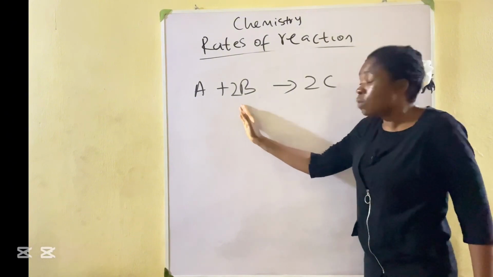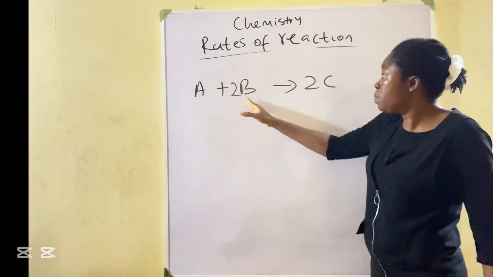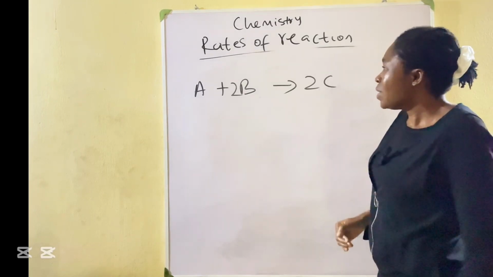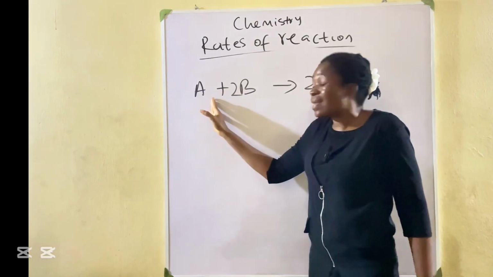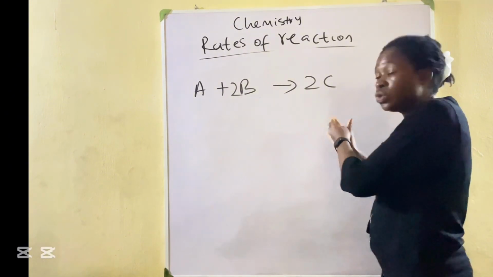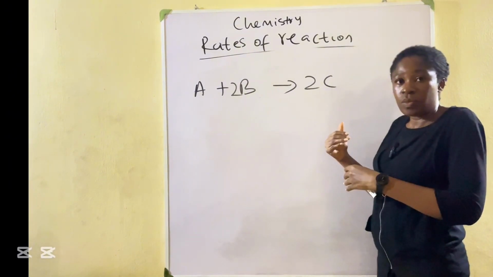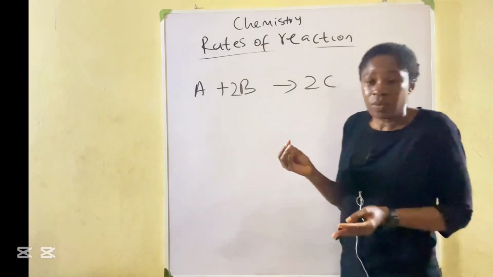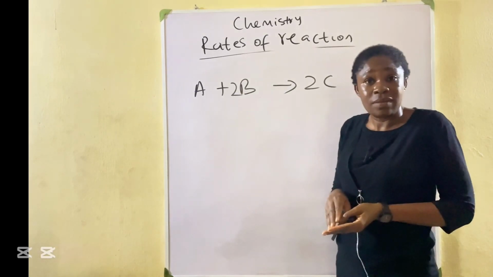Let's look at this arbitrary reaction: A plus 2B. A reacts with 2B to give 2C. You can see that the reactants will disappear, and the product is going to appear. When you react zinc with acid, what happens to the zinc? It will disappear.